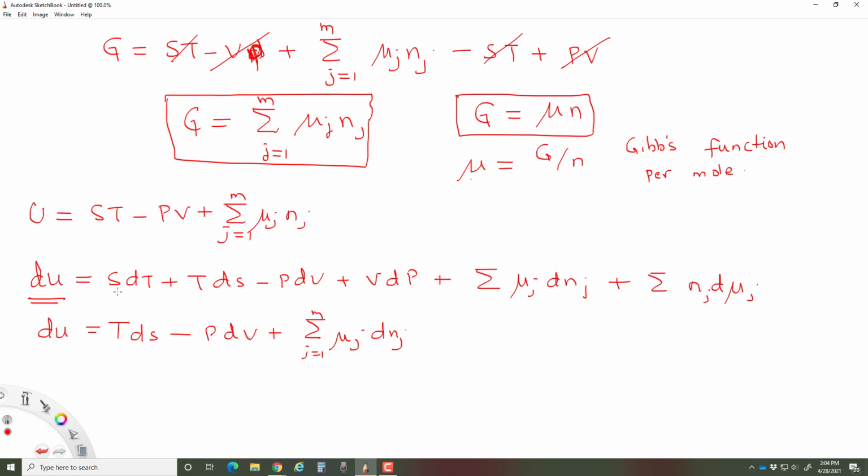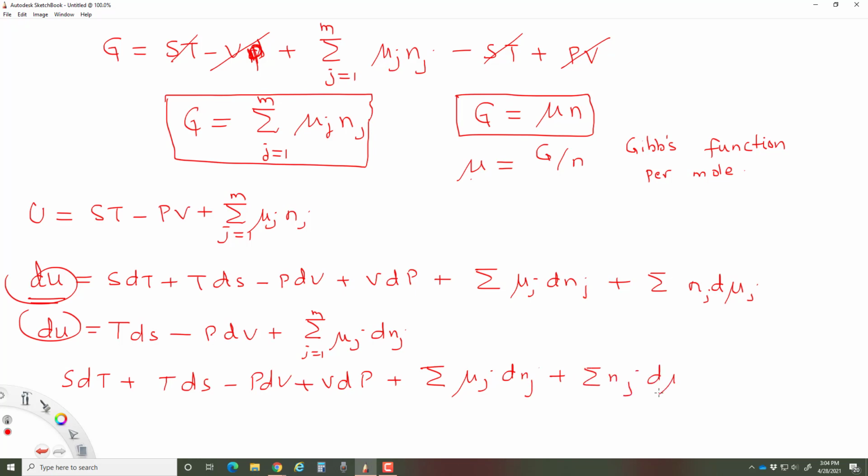Now if we equate these two expressions, because both are dU: S dT plus T dS minus P dV plus V dP plus mu j dn j plus n j d mu j is equal to T dS minus P dV plus mu j dn j.